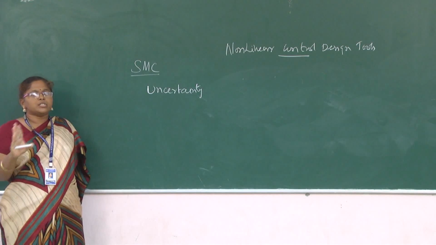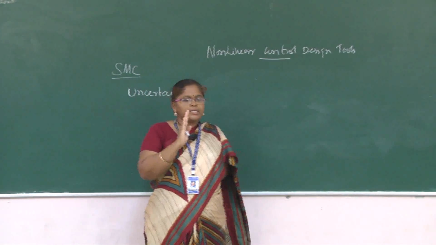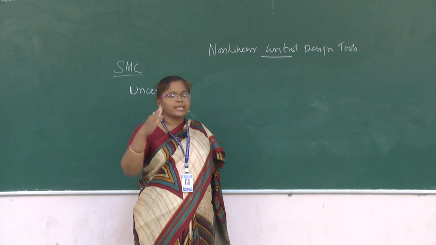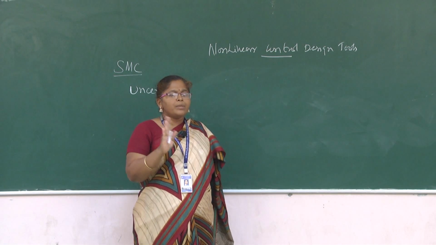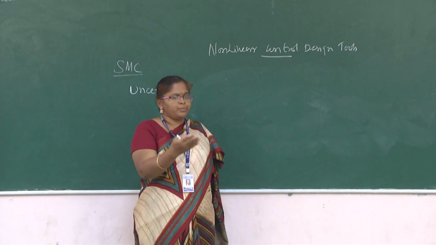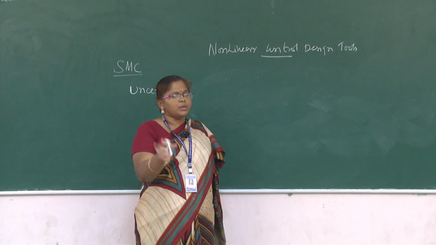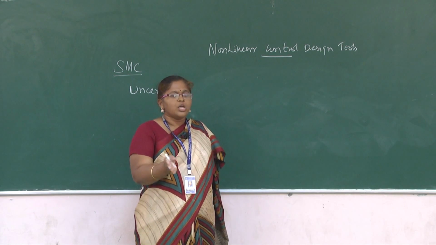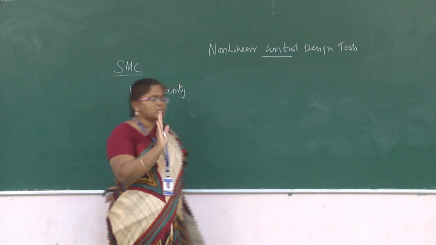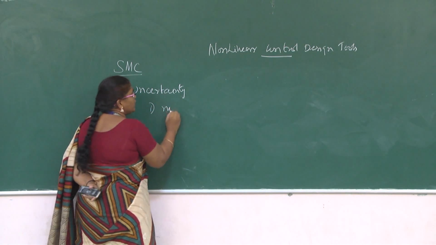There are 2 reasons we have these uncertainties. One is, as I have already said, whenever we design a CSTR, we always assume that the heat exchange with the surroundings is 0. But generally it is there. Since we are neglecting those parameters, when you actually come to the real system, it introduces some heat. So there we have to solve it. That is called modeling inaccuracy. So one uncertainty type is modeling inaccuracy.